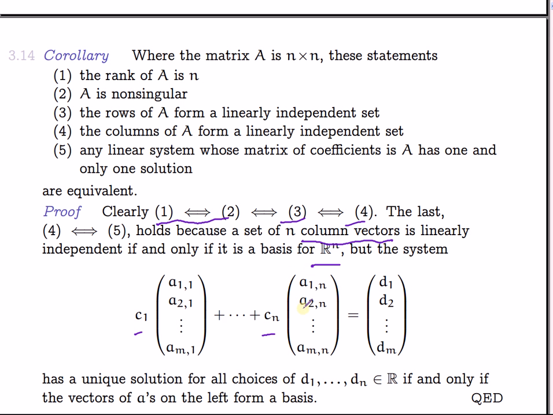In other words, the columns of the matrix must form a basis for the n-dimensional space. Now, if the columns form a basis, then the columns form a linearly independent set, so we get the equivalence of 4 and 5. And there we have it.